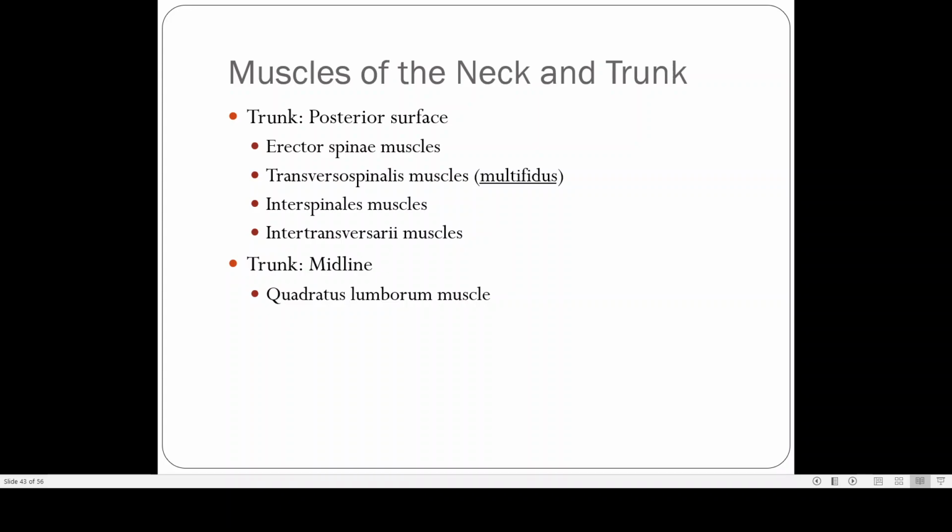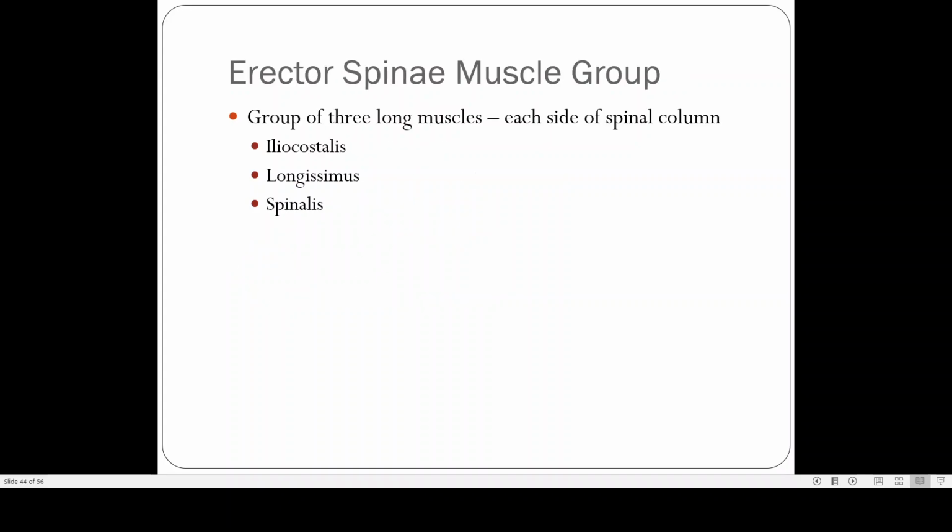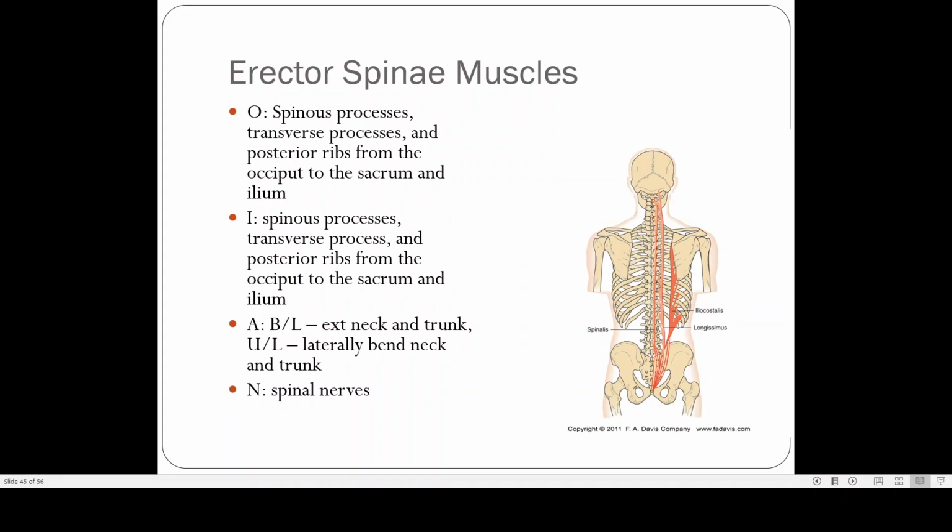Posteriorly, we have a couple of muscles that we're going to be talking about. The main one is going to be the erector spinae muscle group. The erector spinae are a group of muscles made up of the iliocostalis, longissimus, and spinalis. Functionally, they all work together, so we're going to think of them as one.